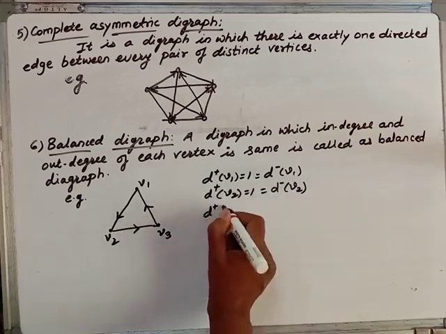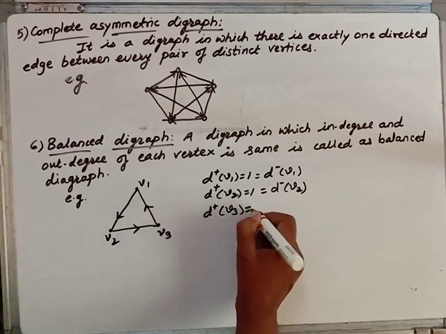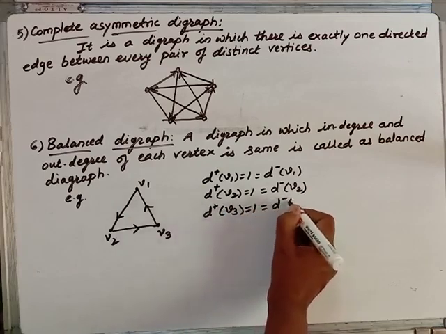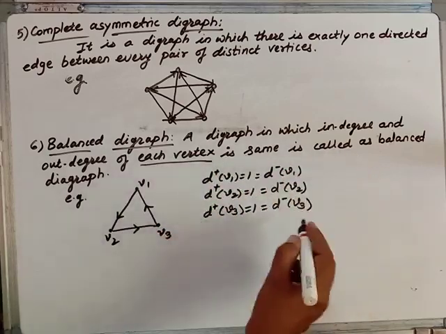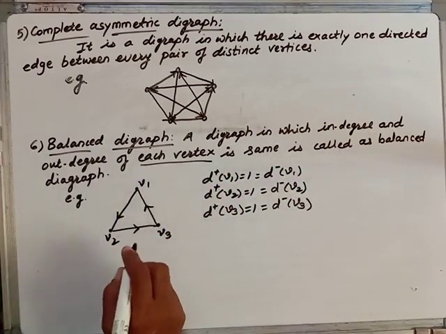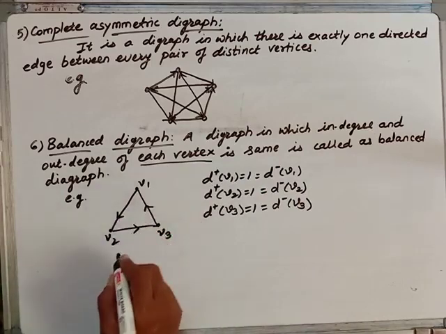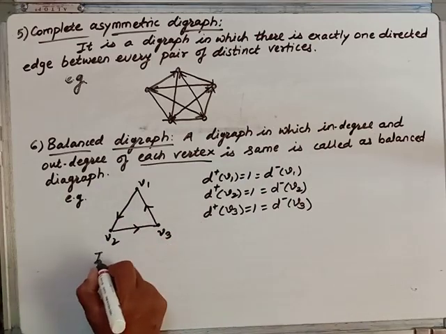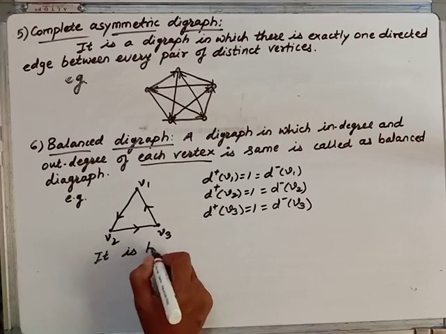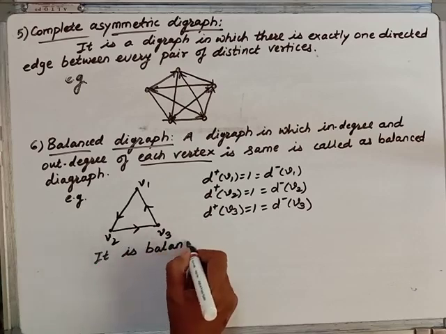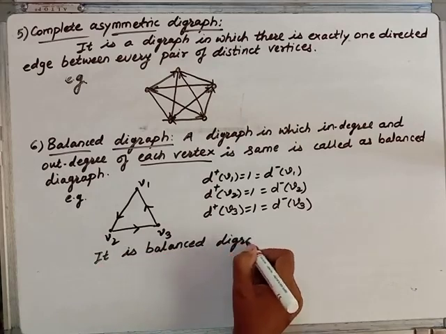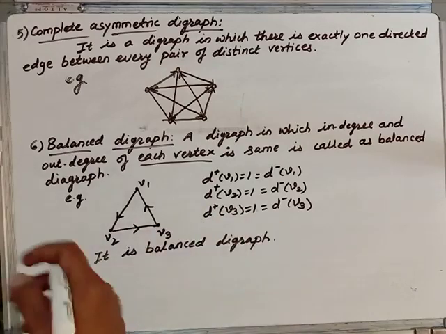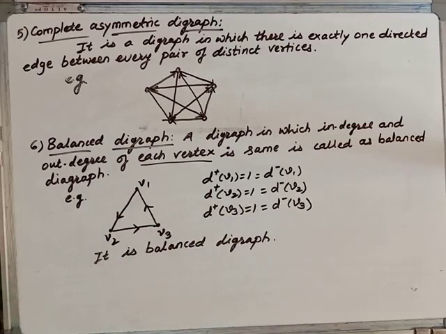And V3 is also 1. So for each vertex, if out degree and in degree are the same, then it is a balanced digraph. Now this is all about the types of digraph.